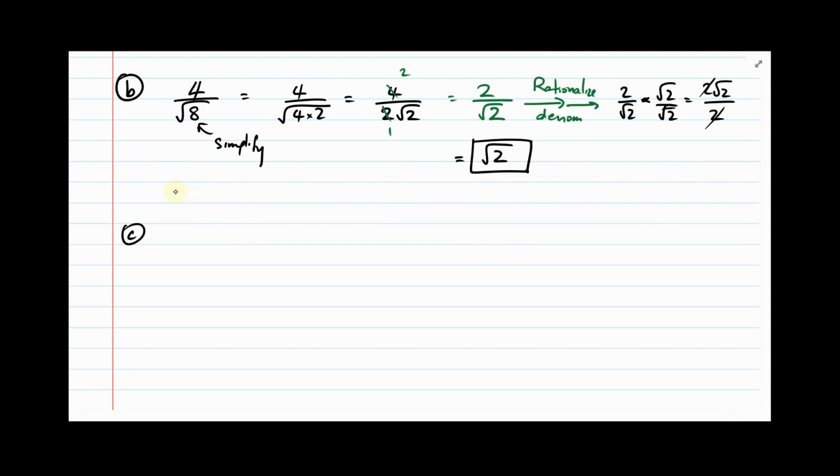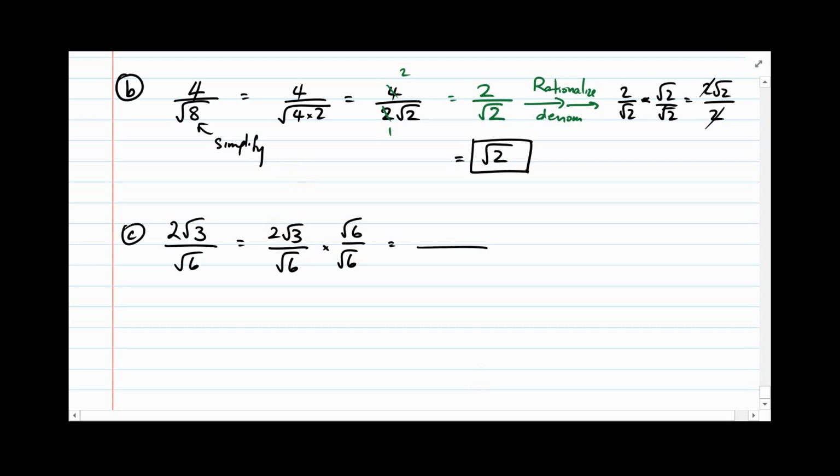Suppose we have 2 root 3 over root 6. Let's look at this in 2 ways. Rationalizing the denominator, I would multiply both numerator and denominator by root 6.